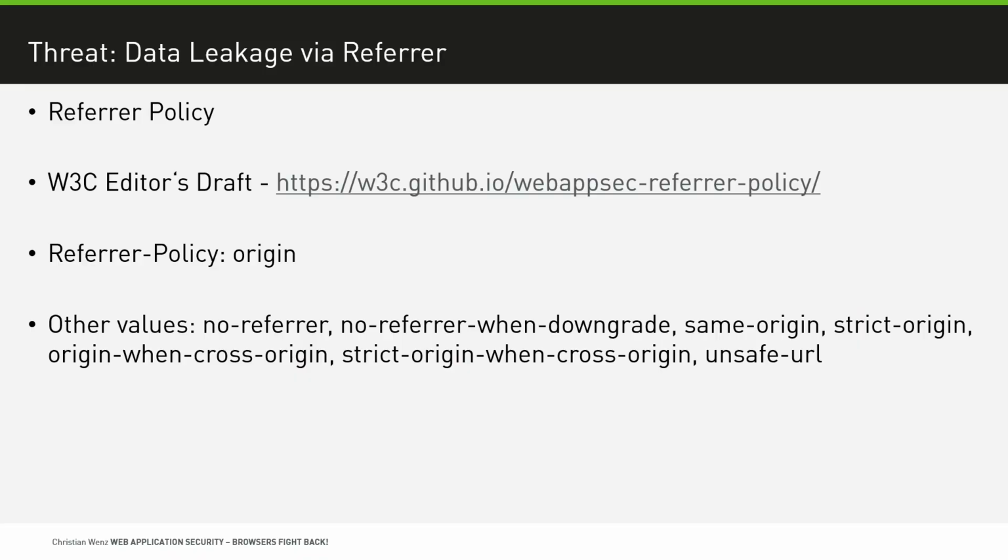Therefore, one approach that W3C is still working on, but it's not finished yet, it's an editor's draft, is the Referrer Policy, which allows us to restrict who sees the referrer. So, for instance, origin: the referrer can be seen by all sites of the same origin, or no referrer, so no one is seeing the referrer, and many other options.